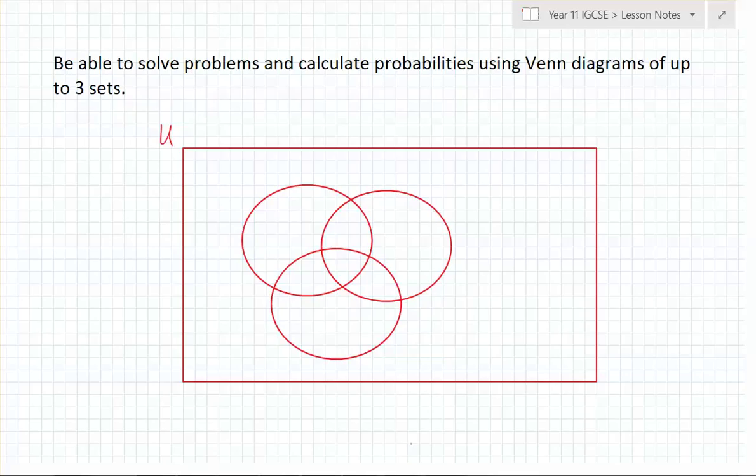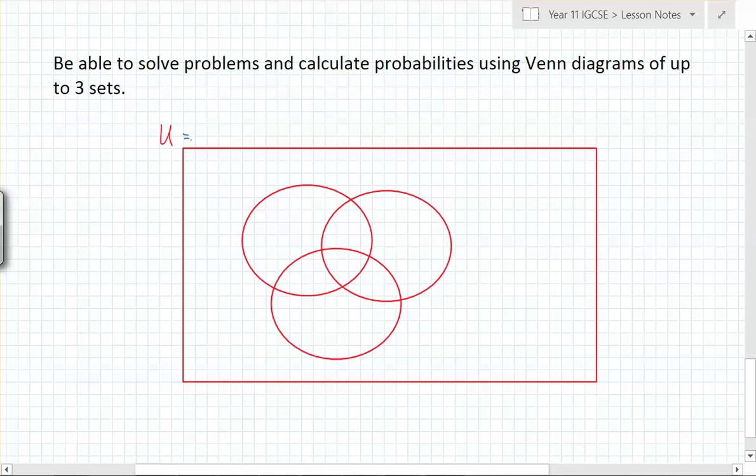Okay, so there's a lot of information there, and we're going to use our Venn diagram to help break that down and structure it and sort it so that we can answer the question. There's one very important piece of information there that people overlook to start with, which is 29.